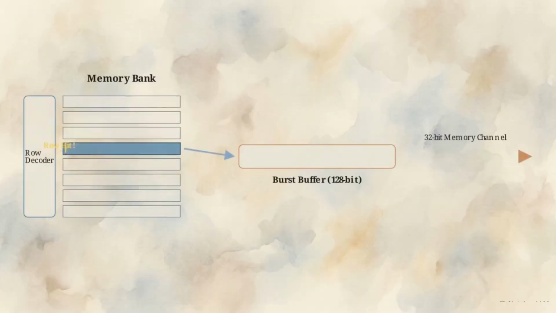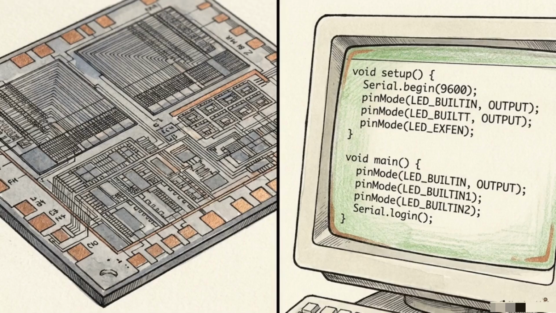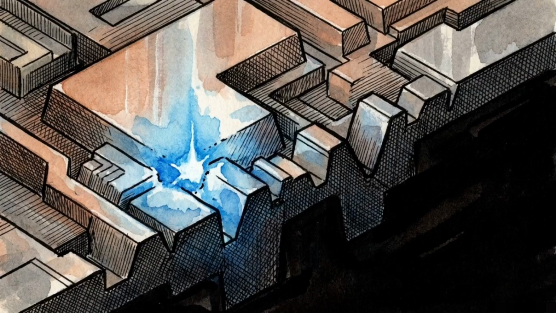Keeping data physically adjacent in the same row exploits row hits and maximizes the efficiency of the burst buffers. Understanding the physical truth of DDR5 architecture bridges the gap between hardware engineering and software optimization. Code is ultimately bound by the physical limits of electrons moving through silicon.